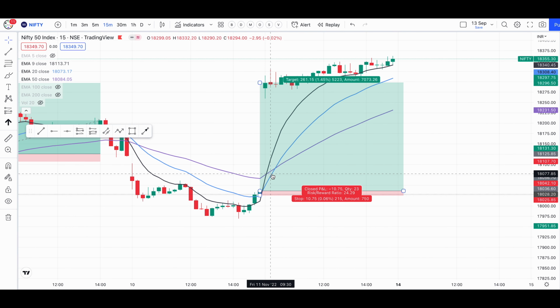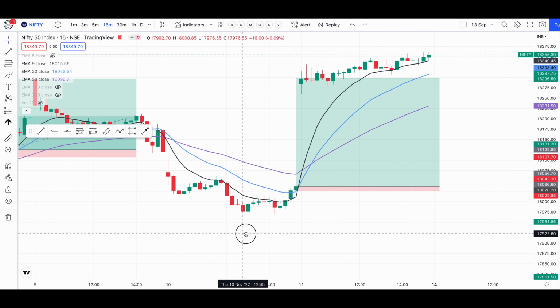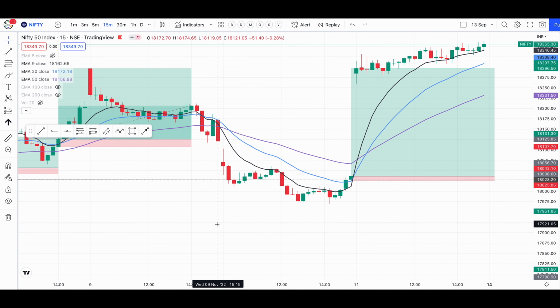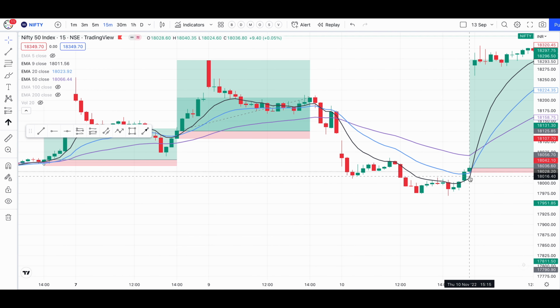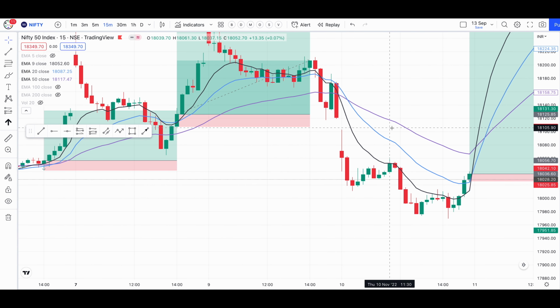And what you see is a huge gap up on the 11th. Sometimes this strategy works, sometimes it doesn't. You have to see that, because on the 10th it's a completely reverse direction. The trend got changed, so we do not have the scope.